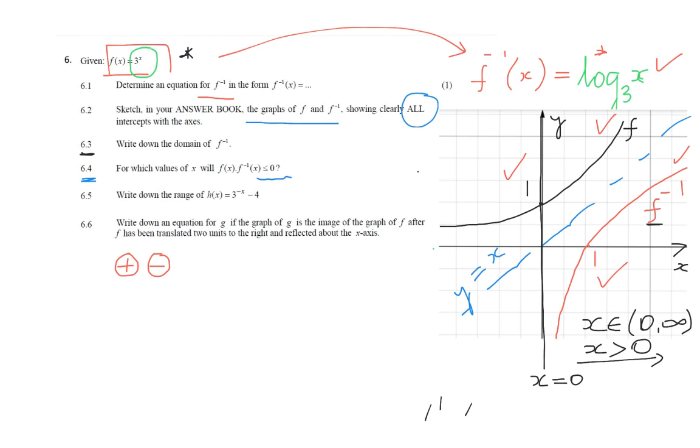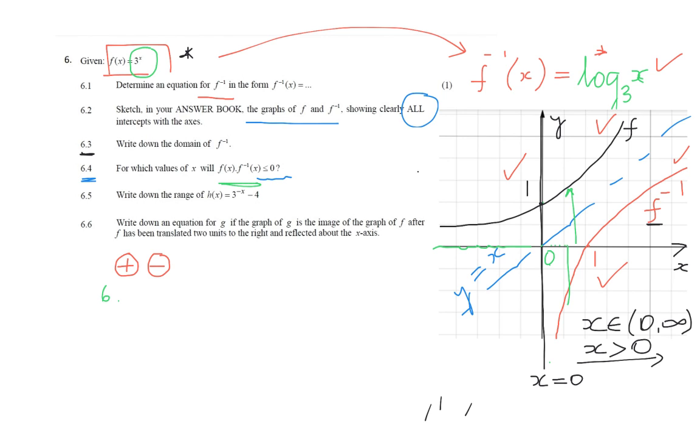Looking at our functions, as we approach from minus infinity, we only have one function, so that will not work. At 0, we also have only the exponential function existing, and the logarithmic function does not. For any values bigger than 0, my logarithmic function is negative when the exponential is positive. So this condition will hold.